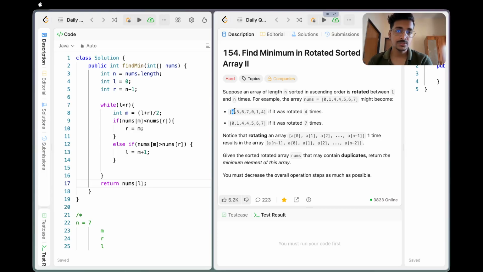At a point there will be a scenario where left and right are equal, and it will be a bit tricky. I'm not sure whether it will be tricky or not.